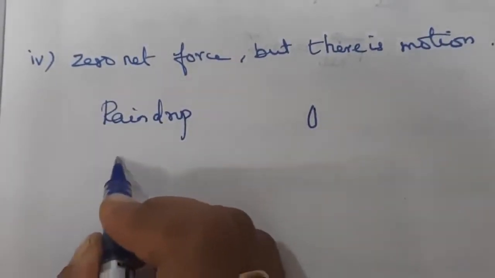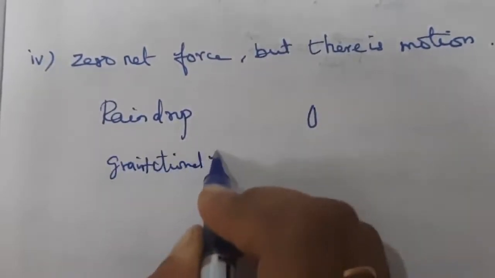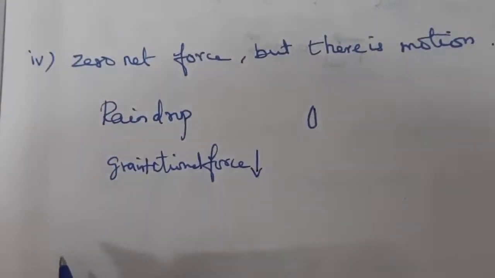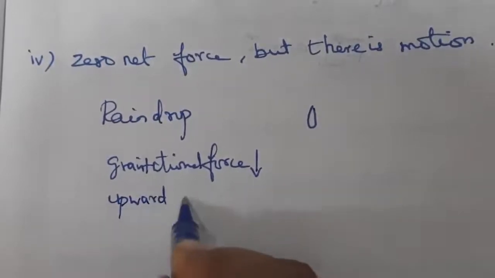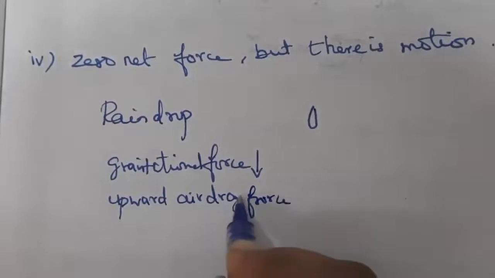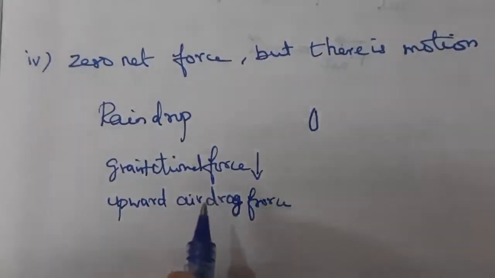One force is gravitational force, that is acting downward. Another force is the upward air drag force. There are two forces acting on the raindrop when it comes from the cloud and reaches the surface of the earth.